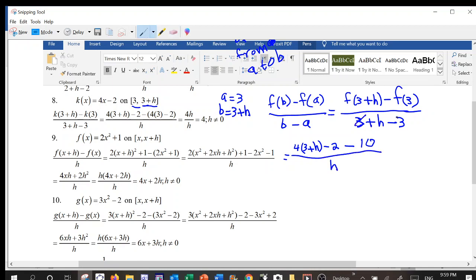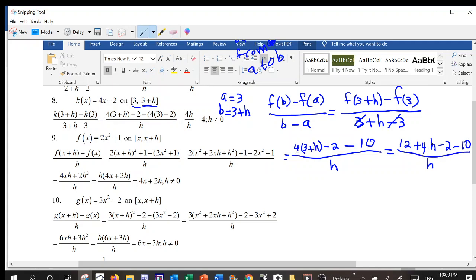Remember, the 3s cancel. So what do we get? We get 12 plus 4h minus 2 minus 10 over h. And if you simplify that, you end up with 4h, because that's 4 times h.